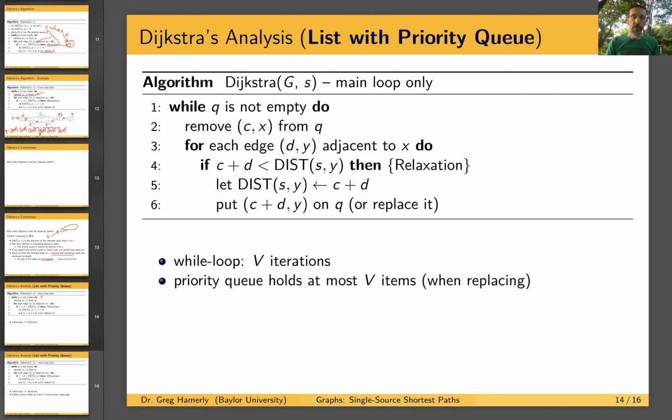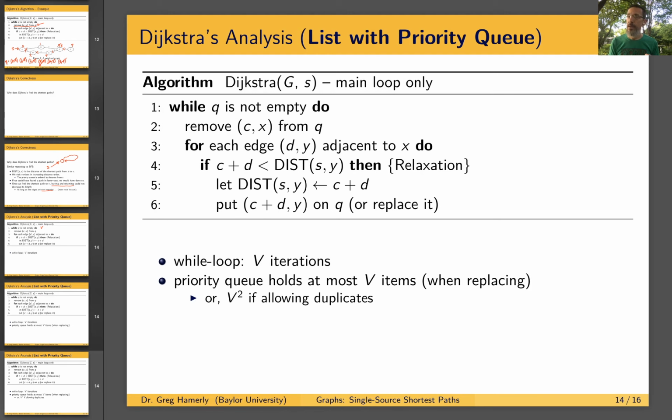That's the argument that I just made. The priority queue holds at most V items when we're using replacement. Now, if we didn't use replacement, the priority queue could hold up to on the order of V squared items. In other words, there could be V copies of each vertex, and there are V vertices, so we could have on the order of V squared things in this priority queue.